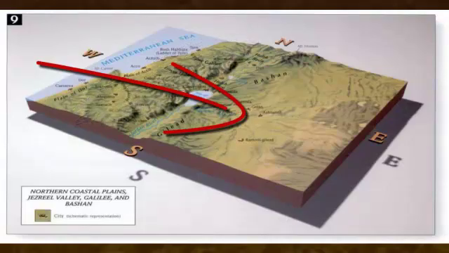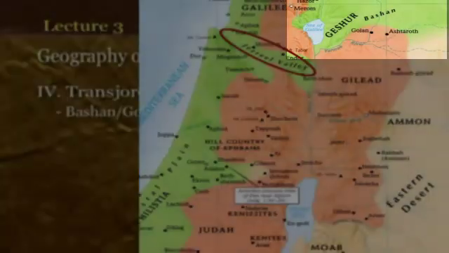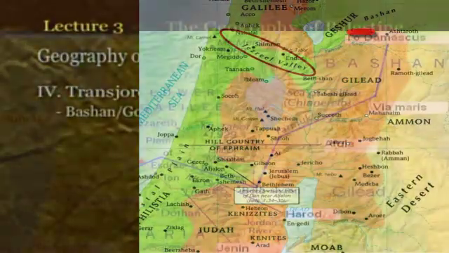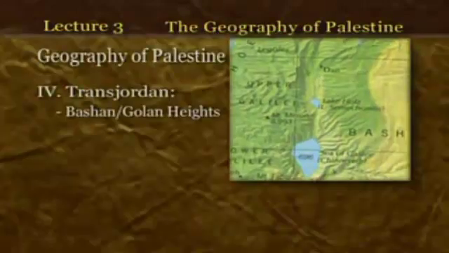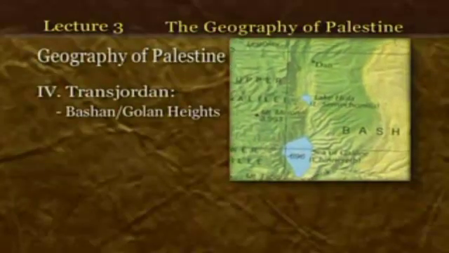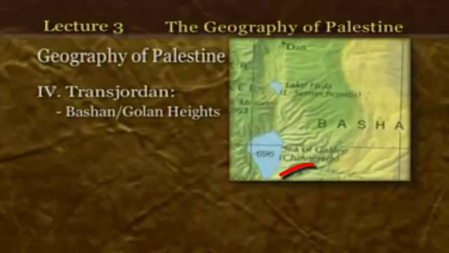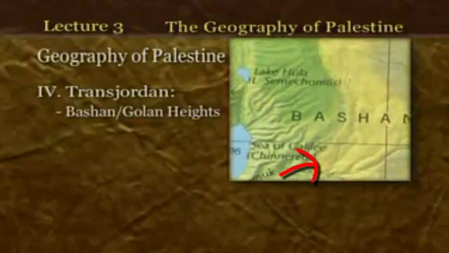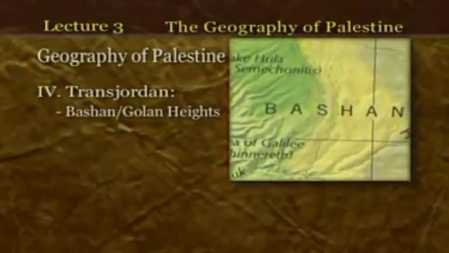And this is the area, if we start up north of Bashan, or what is today called the Golan Heights. It's personally my favorite part of Israel and the land of Israel today because it's so beautiful. You get up above. It's a rapid ascent from the Sea of Galilee, and you gain a lot of elevation, and then you get up on top, and it is just as flat as Kansas.